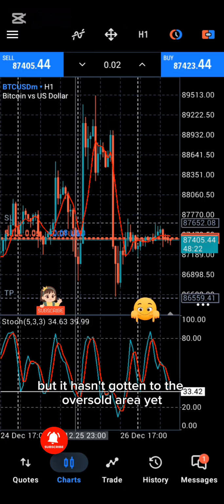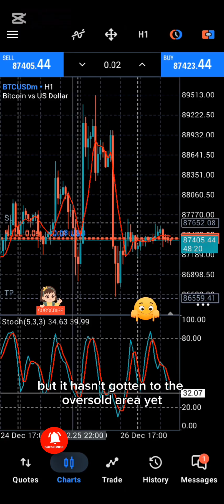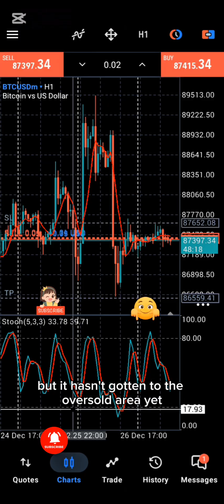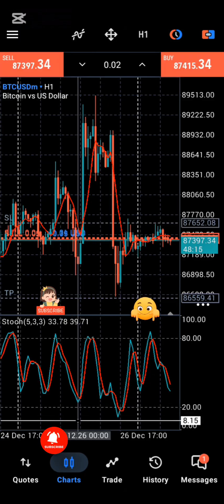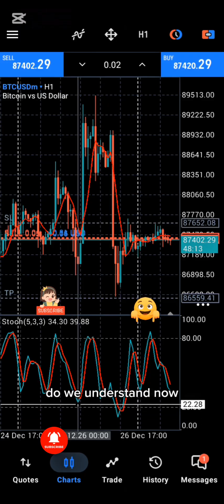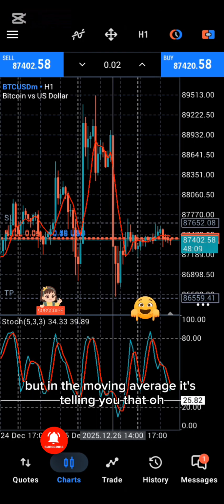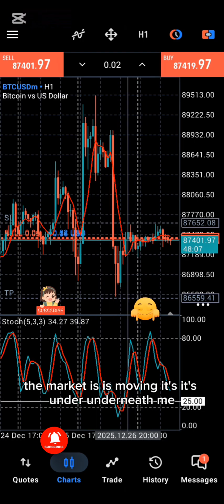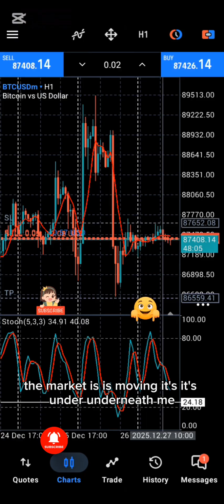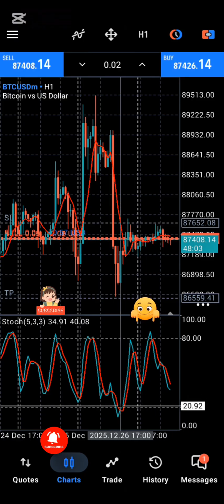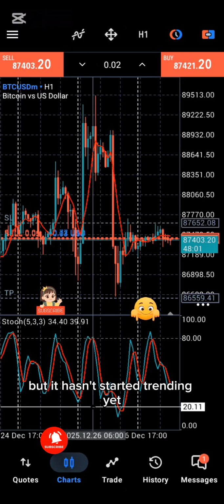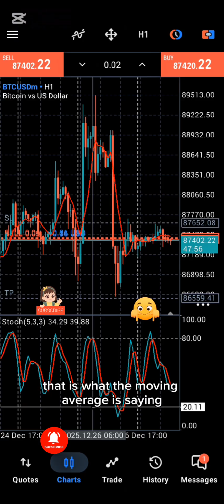But it hasn't gotten to the oversold area yet. Do we understand? But the moving average is telling you that the market is moving underneath me, but it hasn't started trending yet. That is what the moving average is saying.